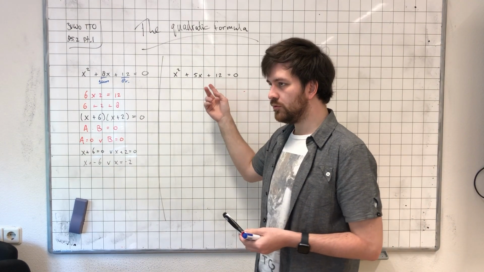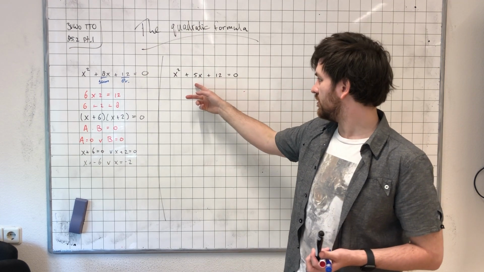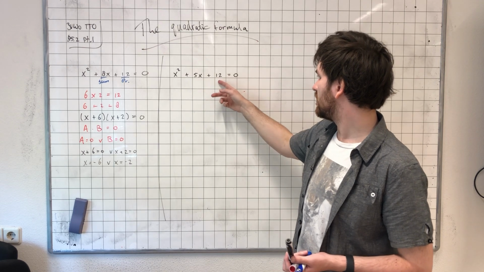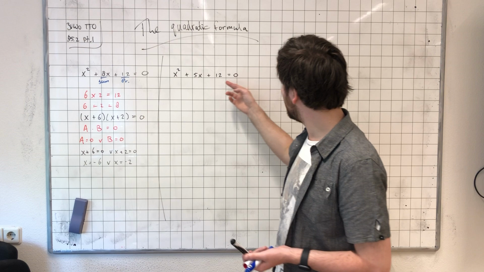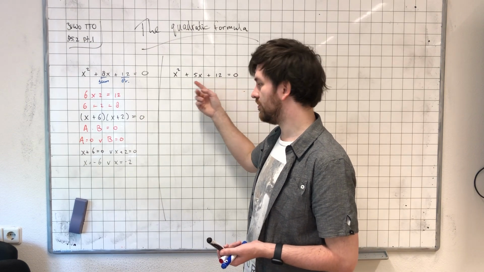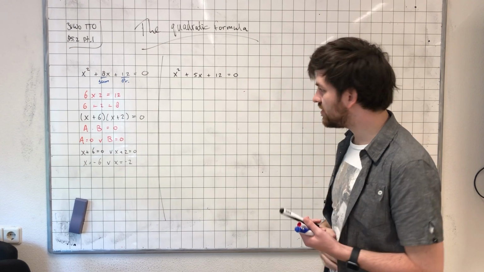Then most of you would probably try 1 times 12, well, then the sum is 13, 2 times 6, then the sum is 8, 3 times 4, then the sum is 7. So then you're probably stuck.